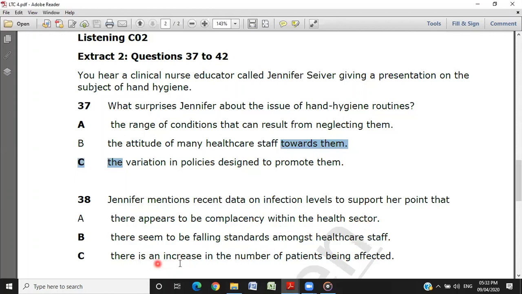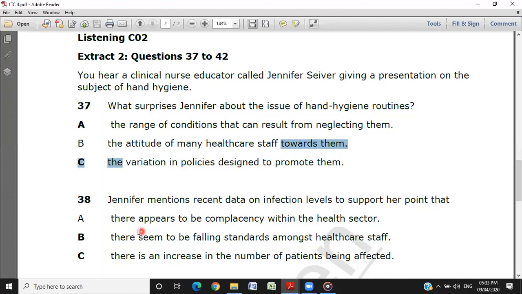So C is ruled out for two reasons. One, an increase. If it was about an increase, then there should be a comparison. There is no comparison. Simply the data of each year is given. Two, the purpose why she was mentioning this data is not just to show that so many people are getting affected. She was trying to prove that even if so many people are getting affected, still it is not alarming the health sector. Okay? And this data reflects human neglect and forgetfulness.